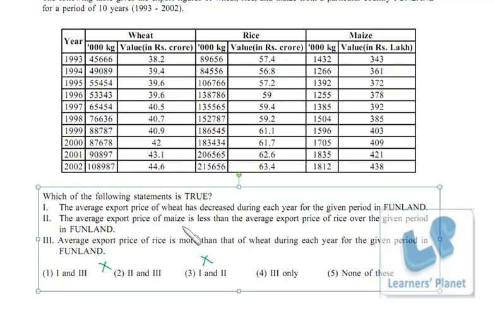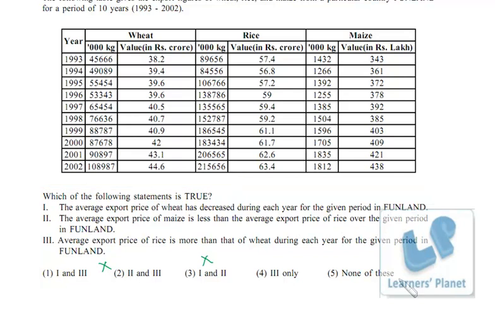The average export price of maize is less than the average export price of rice over the given period in Finland. That is completely wrong. The average export price of maize is in fact more, right? See, value by quantity.